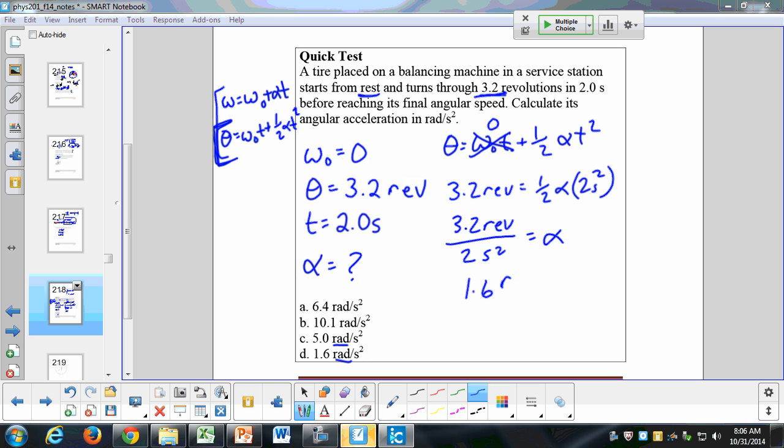That's 1.6 revolutions per second squared. However, I know that the units here are not right, so D is not the right answer, as a lot of you put. You want to convert this into radians.